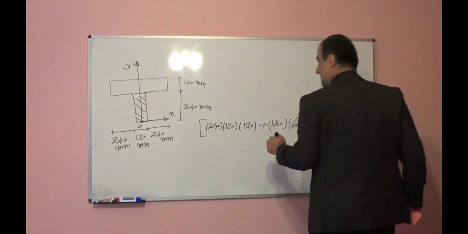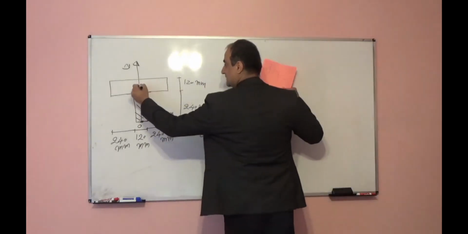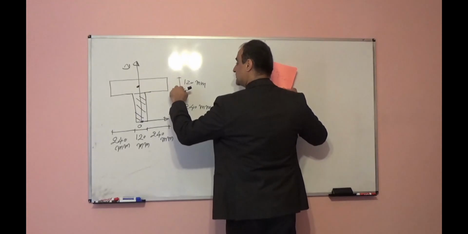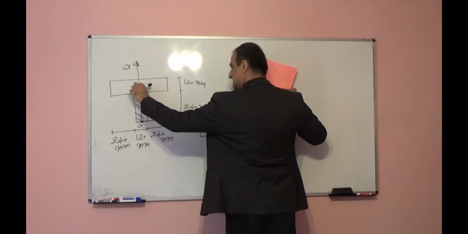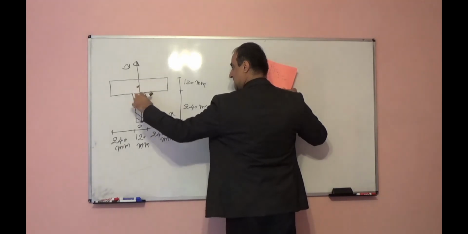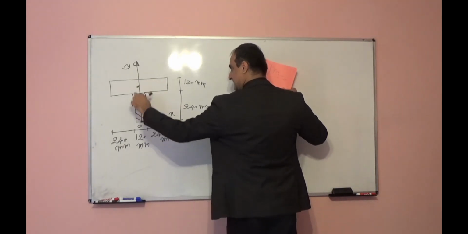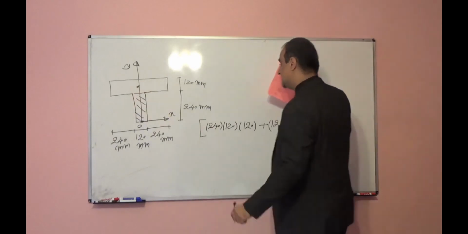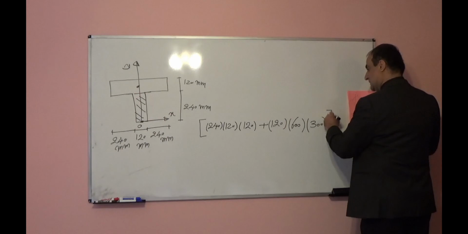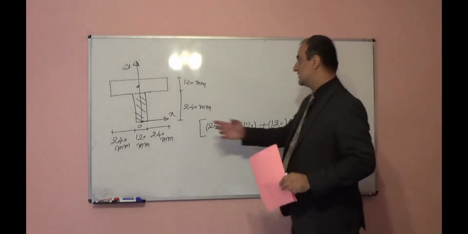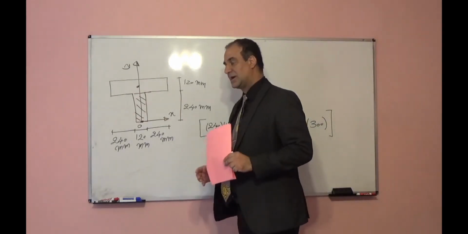It will be 120/2, which means 60, plus 240. 60 from here, and 240 is this height. So 60 plus 240 will be 300. This will be the moment of area for the T section with respect to x.